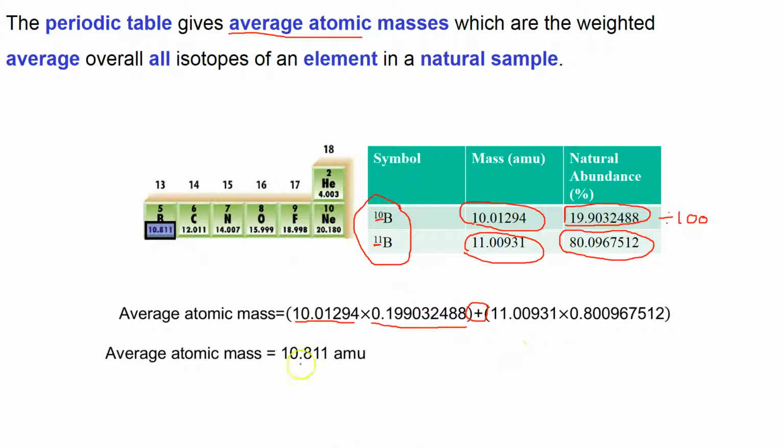And if we've got our answer correct, it should agree with what is given in the periodic table. Now, this answer of 10.811 makes sense because our average should be a lot closer to 11 than to 10, because we have mostly 11 with just a little bit of the 10.